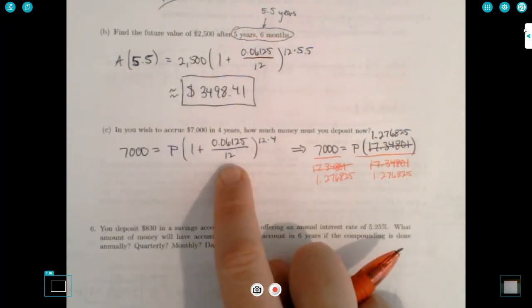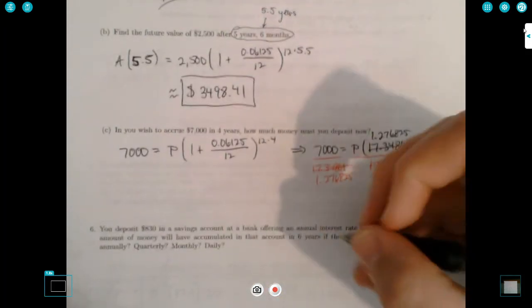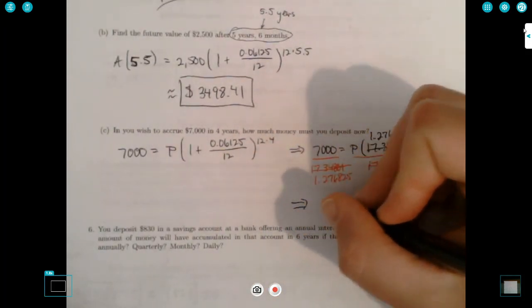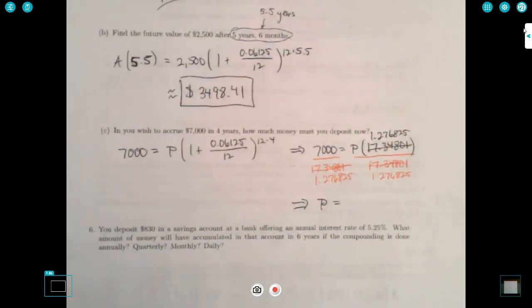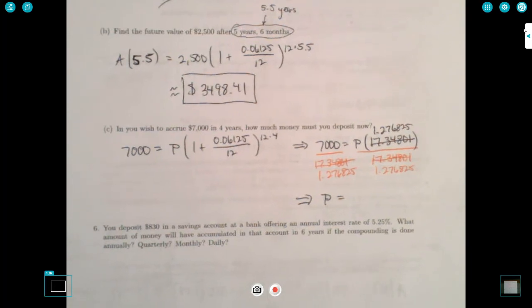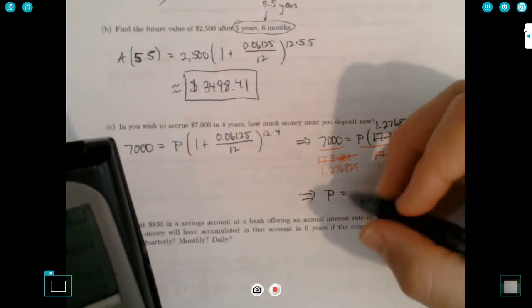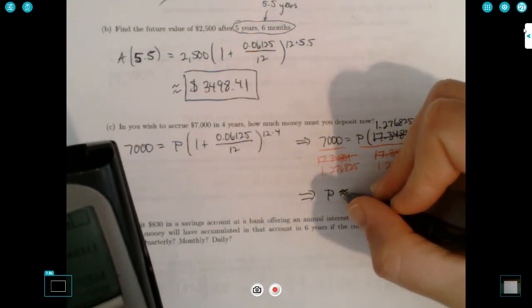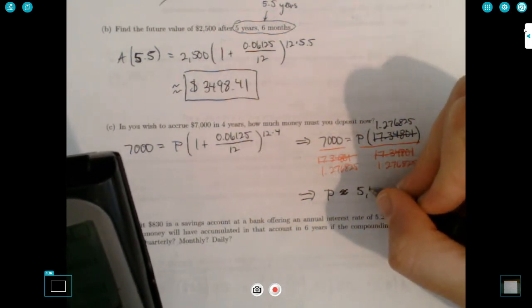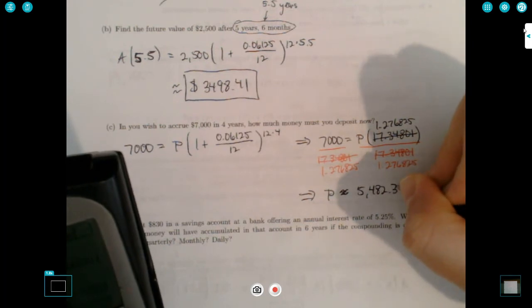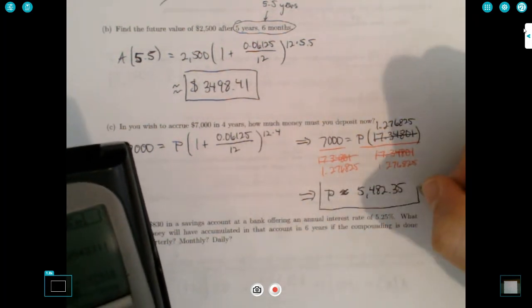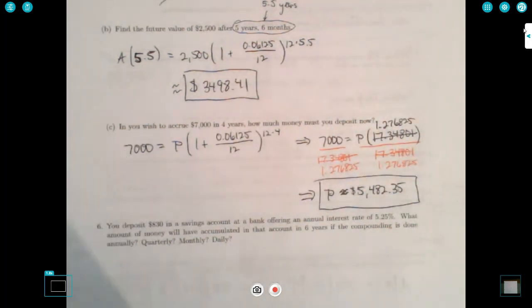Anyway, I wrote it down correctly. I just punched it in wrong. So this will make more sense, hopefully, when we get to the end of it. So we're going to say 7,000 divided by that number, which comes out to about, yeah, this makes more sense, $5,482.35, approximately.